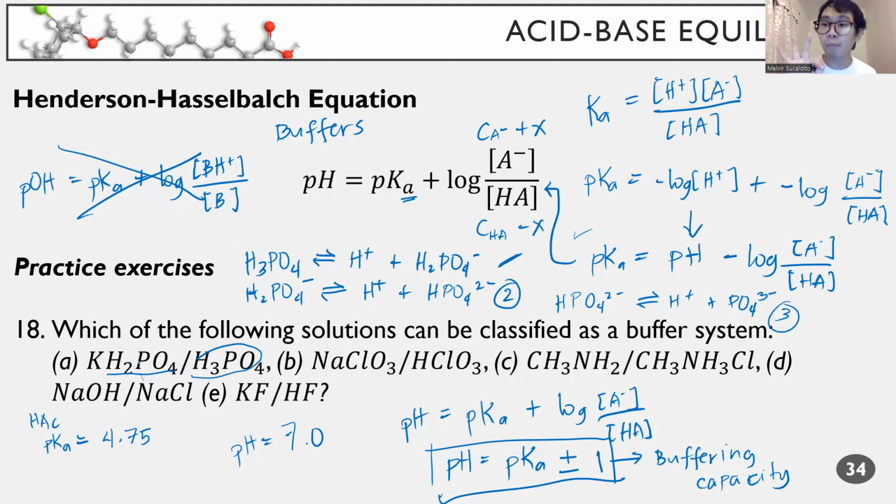So tatlong buffers yung pwede mong gawin actually. Pwedeng mixture nito, ito yung isa. Yung pangalawa, pwedeng mixture ng hydrogen phosphate and dihydrogen phosphate. Ito yung may pH 7.